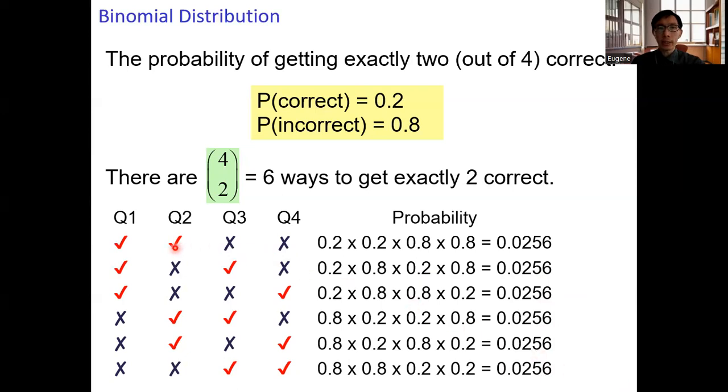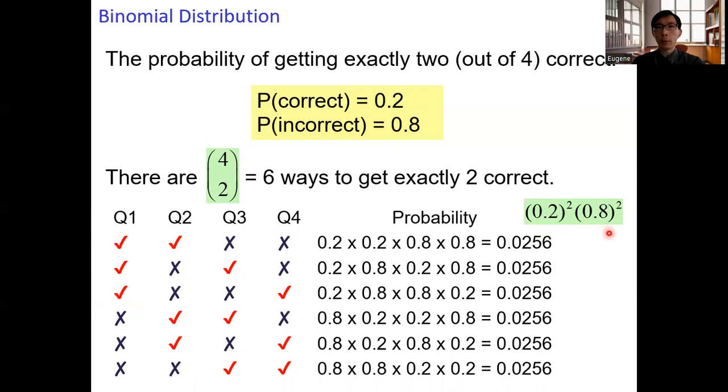For each case, there are altogether 2 questions answered correctly and 2 questions answered incorrectly. So the factor 0.2 appears 2 times, and the factor 0.8 appears 2 times for all 6 cases. The expression for each case can be simplified to 0.2 squared times 0.8 squared.